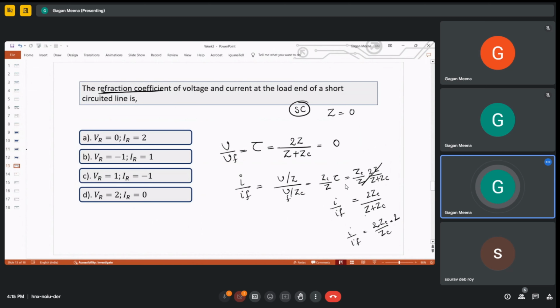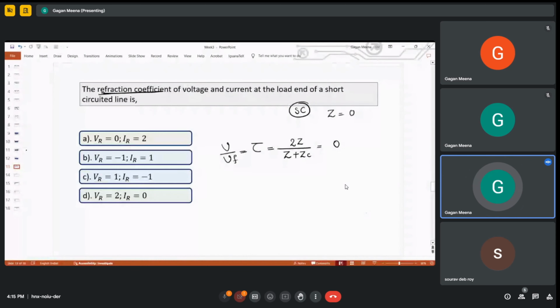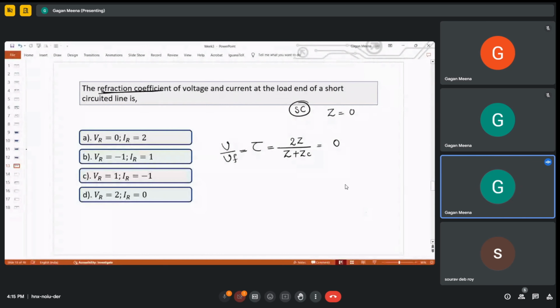This is easy, right? I will explain it again. In the previous slide, we discussed that the transmission coefficient or the refraction coefficient for voltage we derived. That was 2Z upon Z plus ZC. Because Z here is 0, it becomes 0.